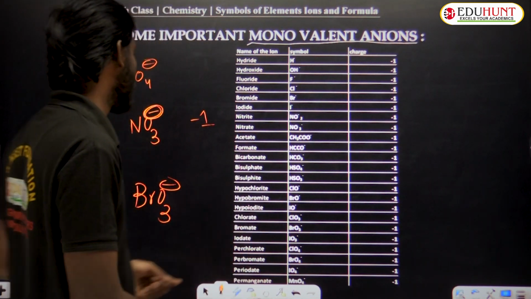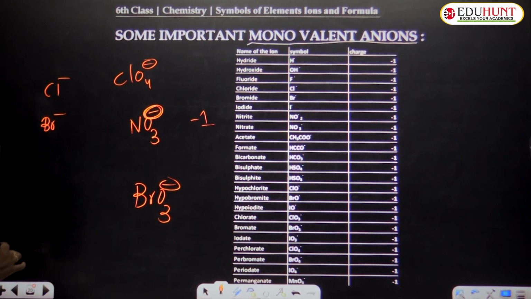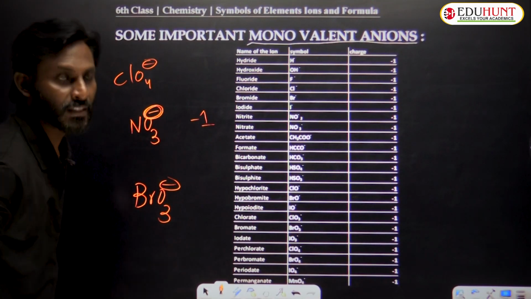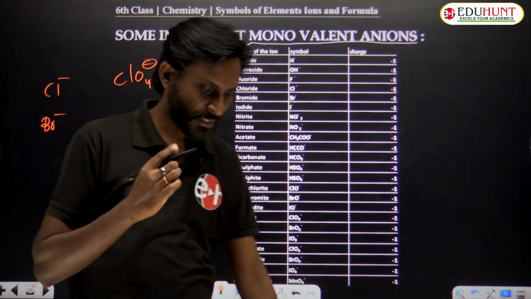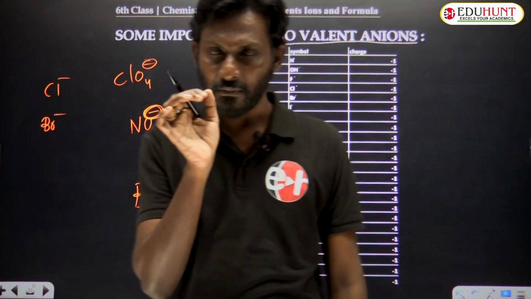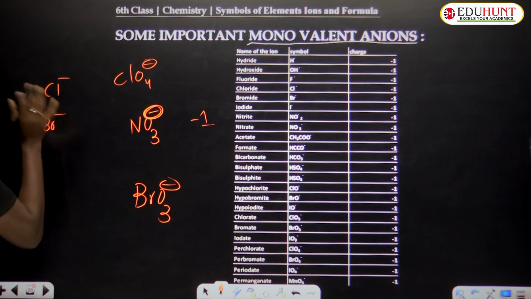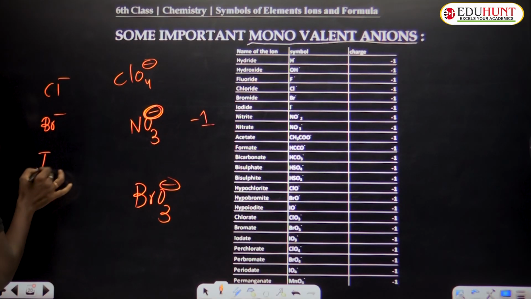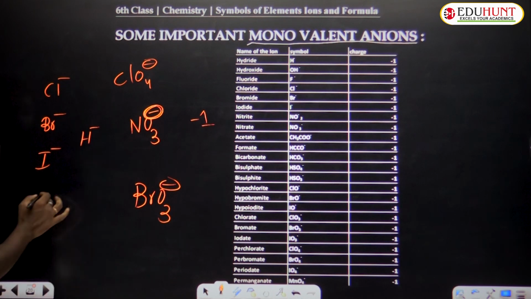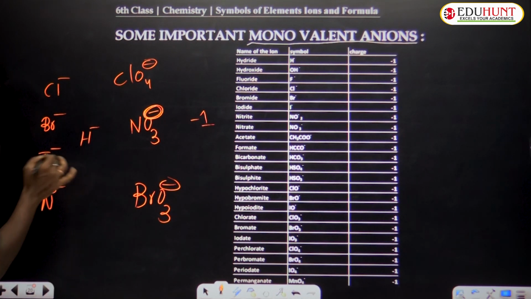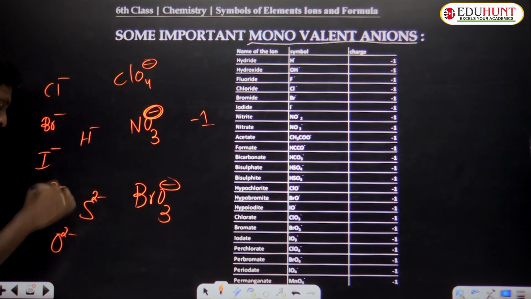Let me tell you one thing. Generally we use the term minus, but the perfect term is: Cl negative, chloride; Br negative, bromide; I negative, iodide; H negative, hydride; N3 negative, nitride; S2 negative, sulfide; O2 negative, oxide.